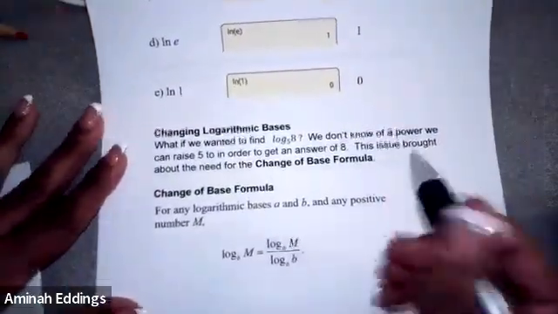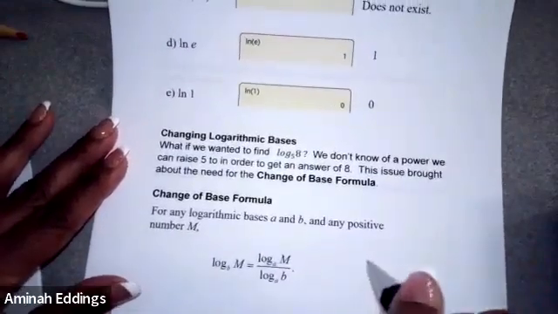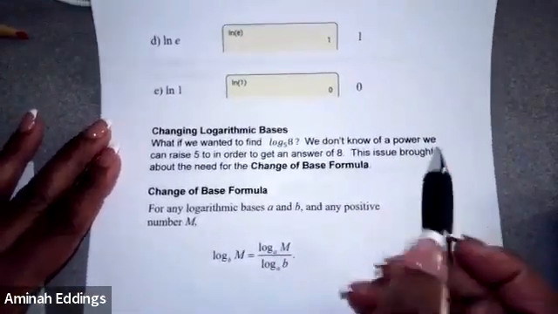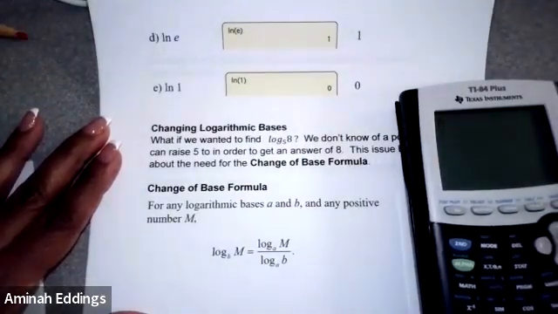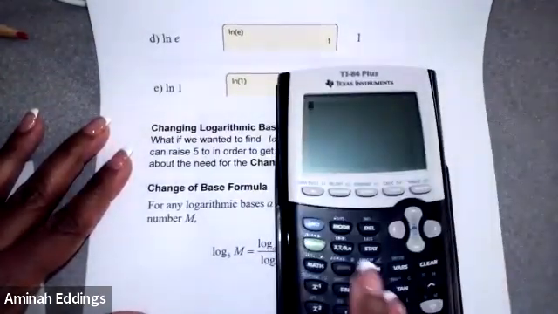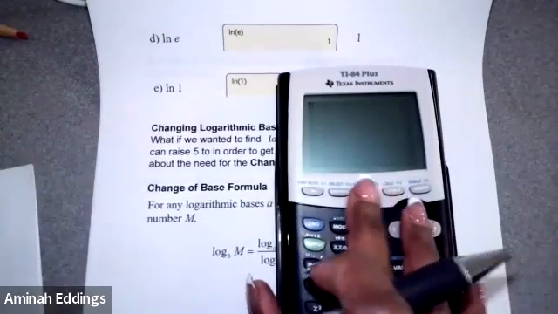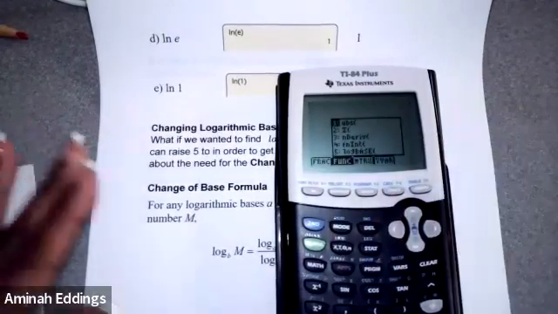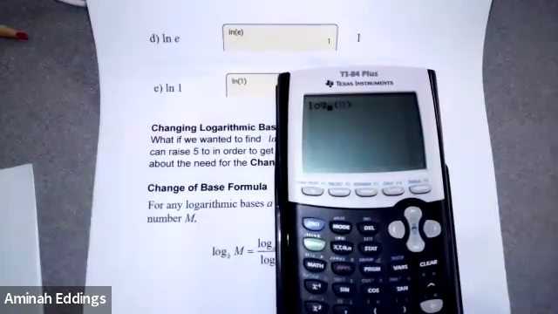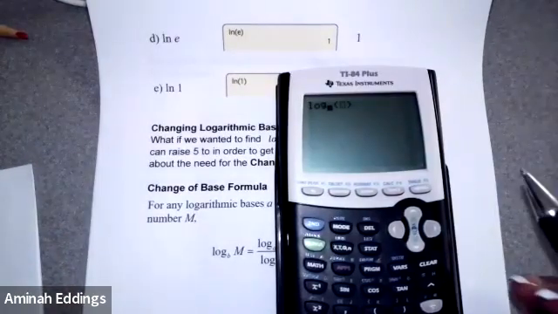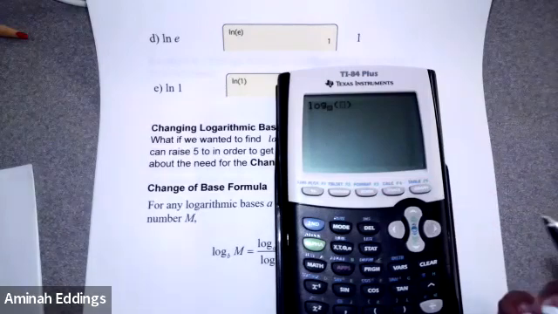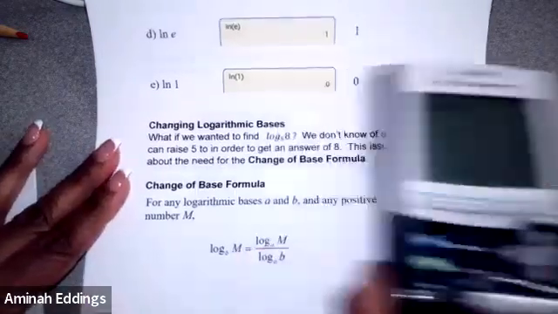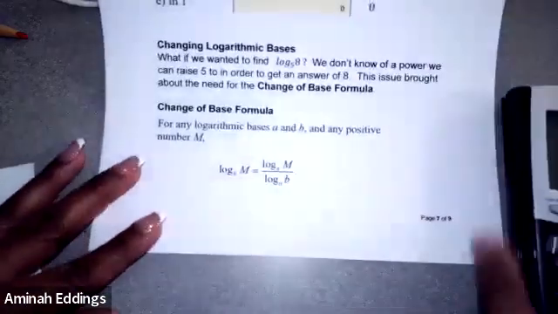Changing bases. Before graphing calculators had the capability of putting in log base, you had to convert a logarithm that didn't have a base of 10 into common logs. And this is where your change of base formula comes in.